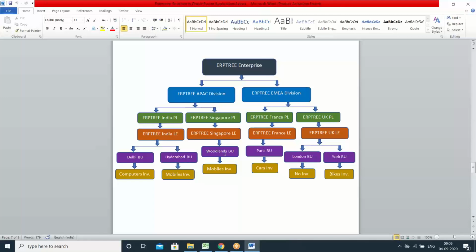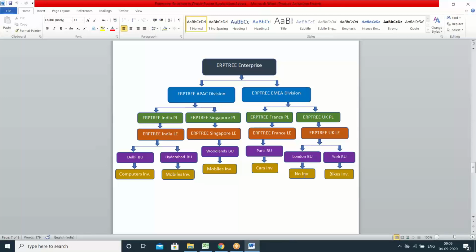In Singapore, they are operating the business in one location only, so only one BU. In Singapore, what business are they doing? Say mobile sales, so for that, mobile inventory. In Paris, they are into car sales and the cars inventory. And in London, say they are into consulting services. When they are dealing with consulting services, they can have a business unit, but they don't need any inventory organization.